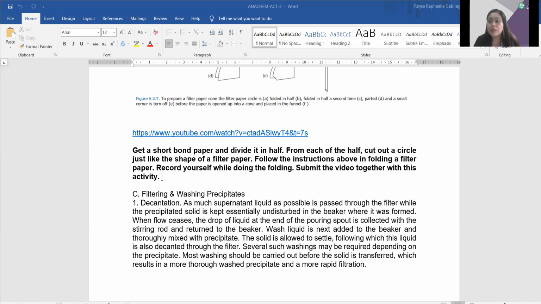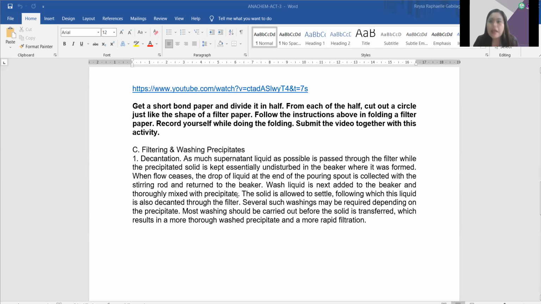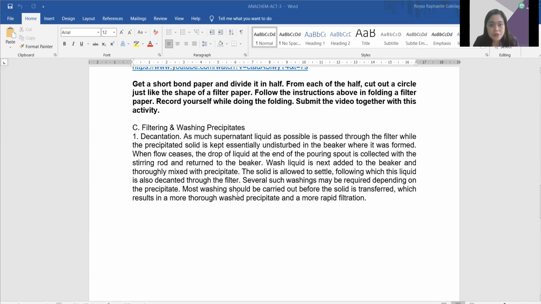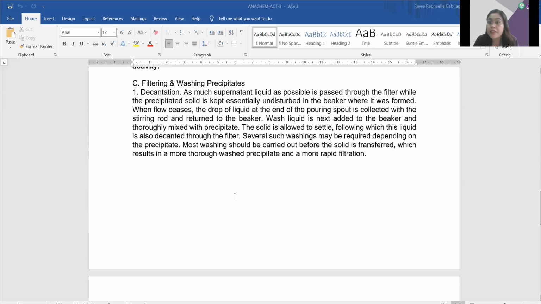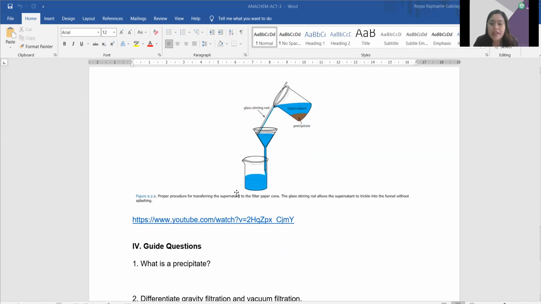But while you are folding, while you are doing the procedure, you have to take a video of yourself. And you have to submit the video together with this worksheet. So dapat dalawang file yung matatanggap ko for activity number 3. Again, the worksheet and also the video sa pag-fold ng filter paper. So aside from that, the filtering process is also included here, filtering and washing the precipitates.